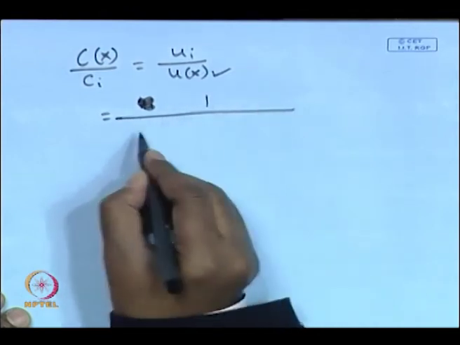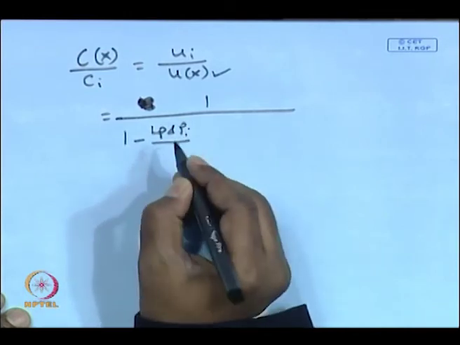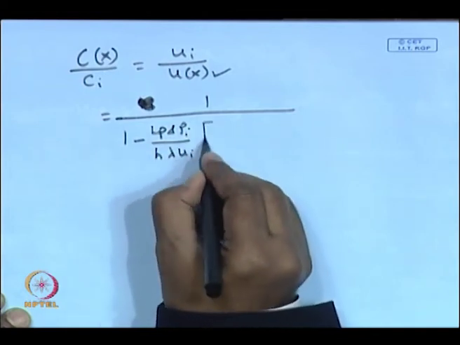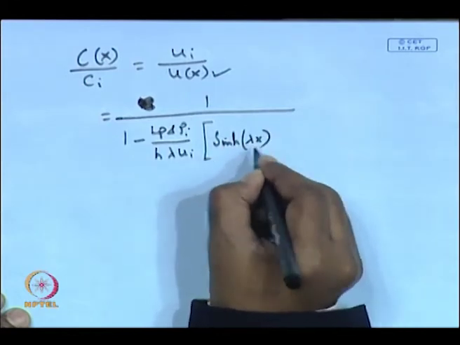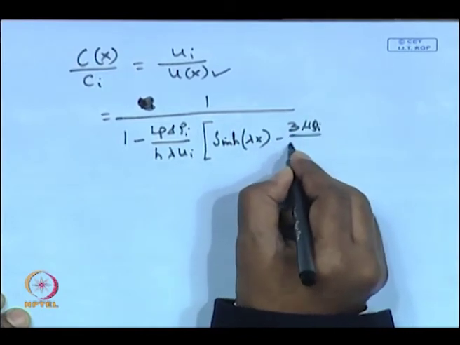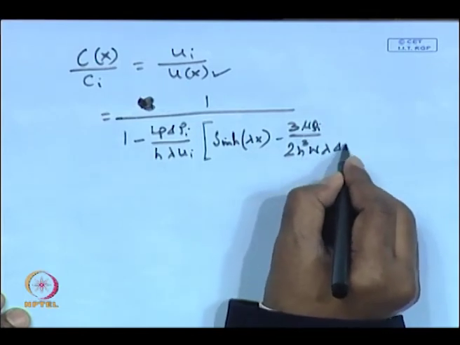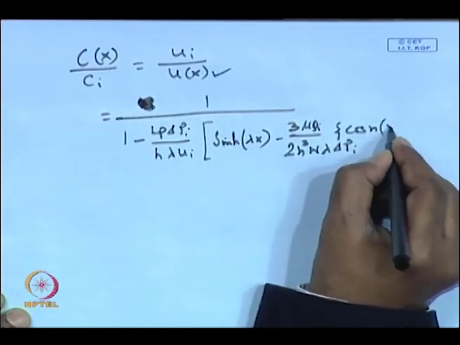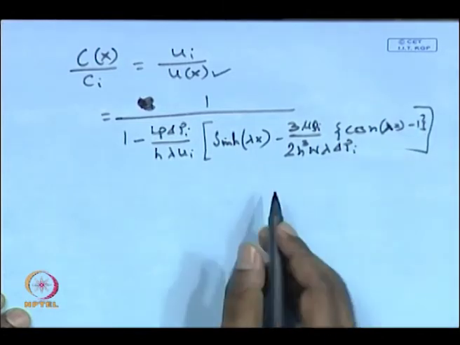So, it becomes 1 by 1 minus Lp delta P in divided by H lambda U in sinh(lambda x) minus 3 mu Q in divided by 2H cube W lambda delta P in cosh(lambda x) minus 1.